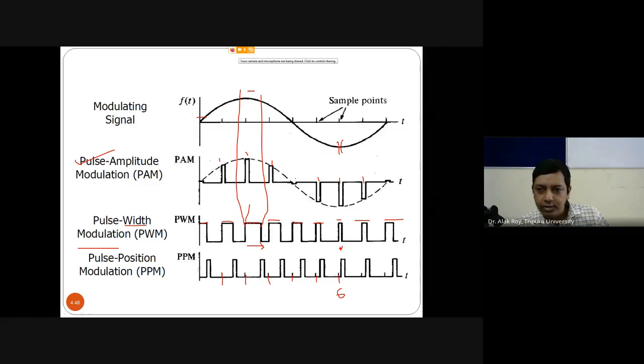If your signal value is negative, highest negative, then the position will be nearest. Width does not matter here. Width is not a matter. This width will be the same for all signal representations.